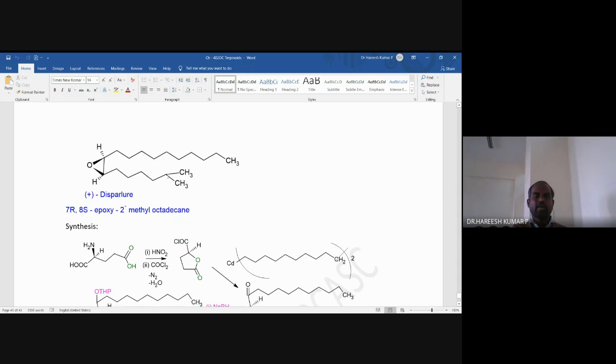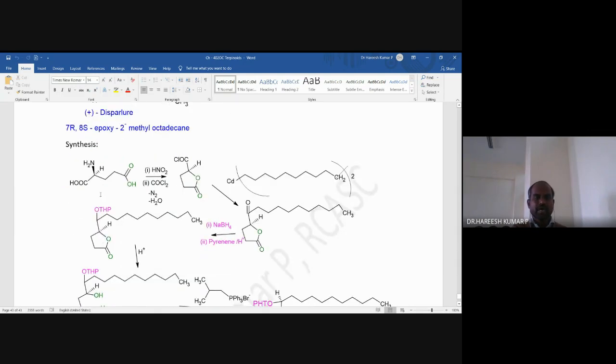So how can one prepare this stereochemical one, starting with an amino acid. So what is the name of this amino acid? I think you are aware of glutamic acid. So the name of this amino acid is glutamic acid. So when this glutamic acid is treated with nitric acid, no, it's not nitric acid, it's nitrous acid.